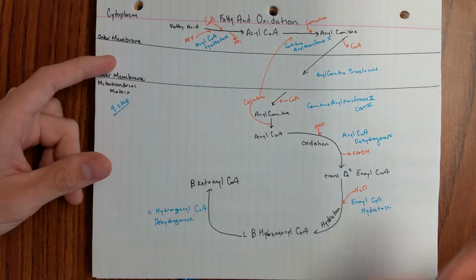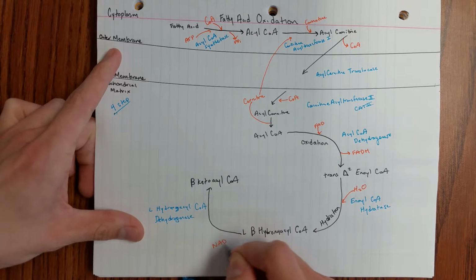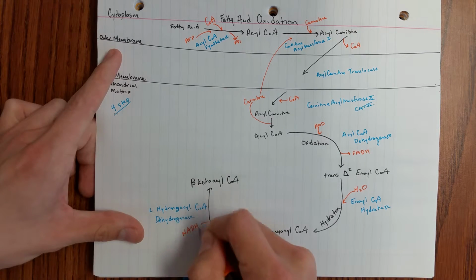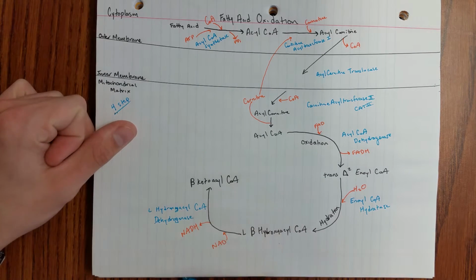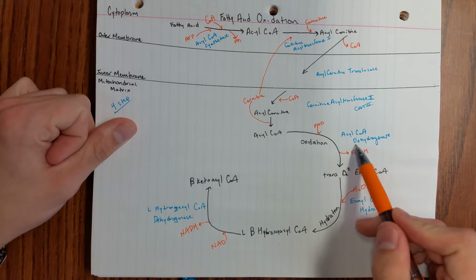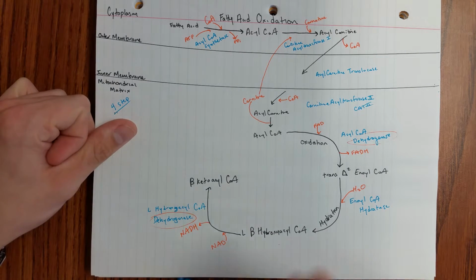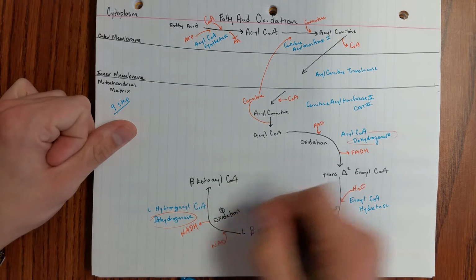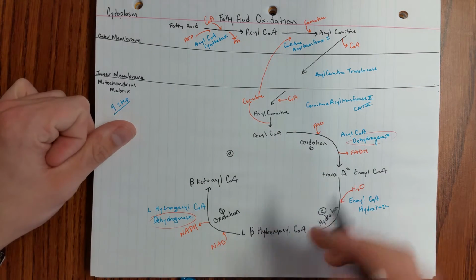Instead of using an FAD like up here, we're going to pull in an NAD and gain an NADH, which will be used just like the FADH later in another cycle to create ATP. This is also a dehydrogenase, which makes this third step oxidation, just like the first step. So 3, 1, 2, then 4 will occur up here.